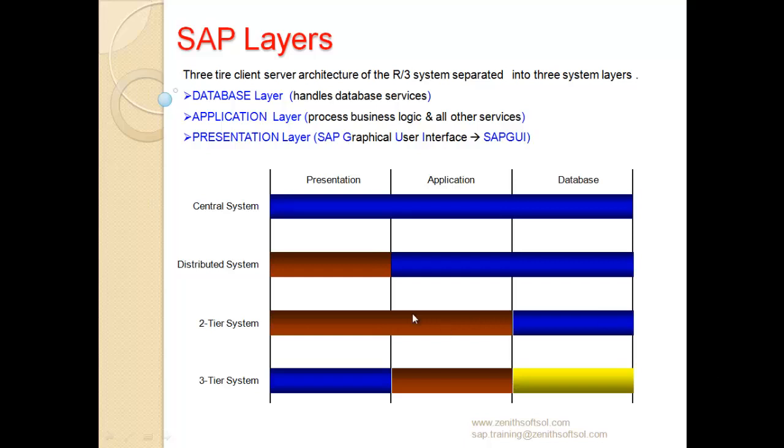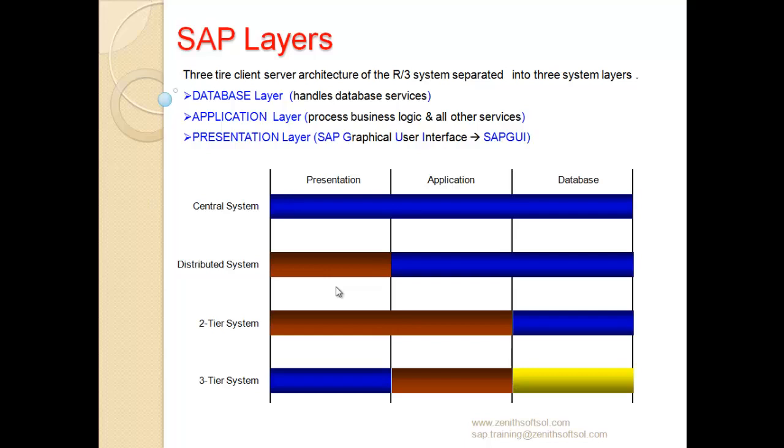Here, if you see a layout of central system, distributed system, two-tier and three-tier system, what is the difference between them? For example, if you're installing presentation, application and database on a single system, then we call it a central system.